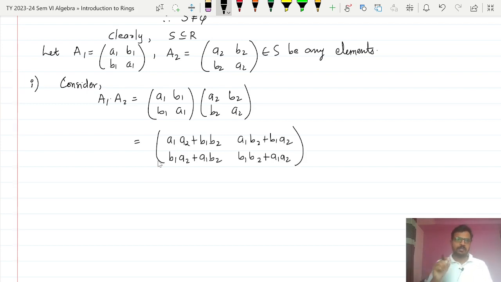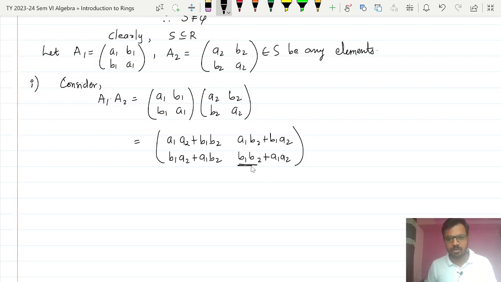After taking the multiplication, we can observe that these two elements are the same, right? Because this is A1 A2 plus B1 B2, and this is also A1 A2 plus B1 B2. They don't look the same right now because the first term is different in position here. But we know a beautiful property of rings that plus is always commutative, so we can swap the positions. So that is not an issue at all.